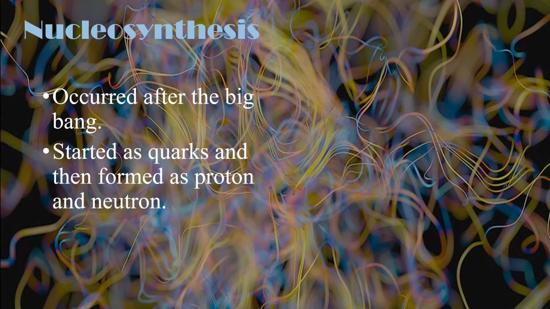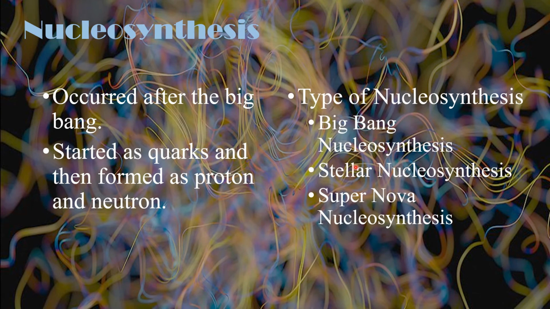But before protons and neutrons, there are what we call the quarks. So protons and neutrons are made up of quarks. Nucleosynthesis is divided into three types, namely Big Bang nucleosynthesis, stellar nucleosynthesis, and supernova nucleosynthesis.